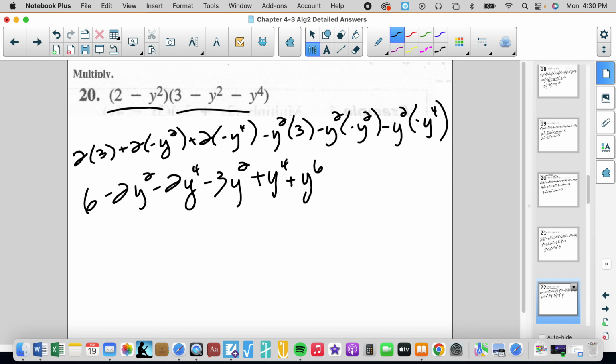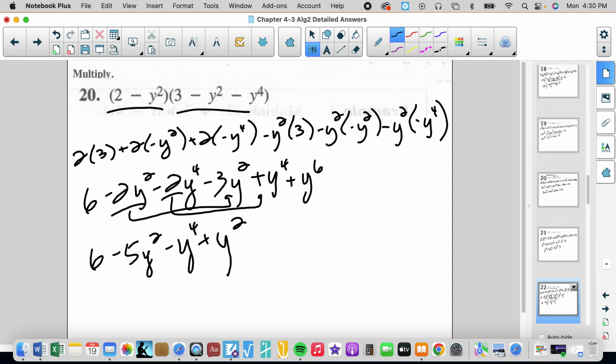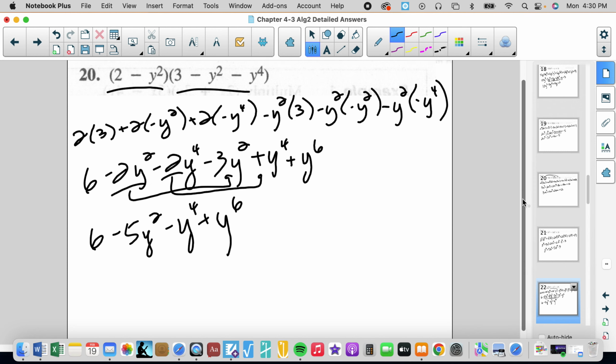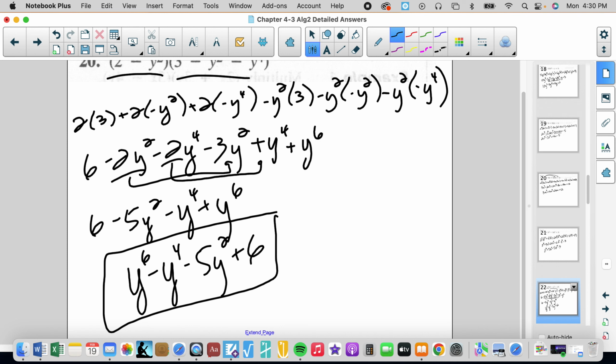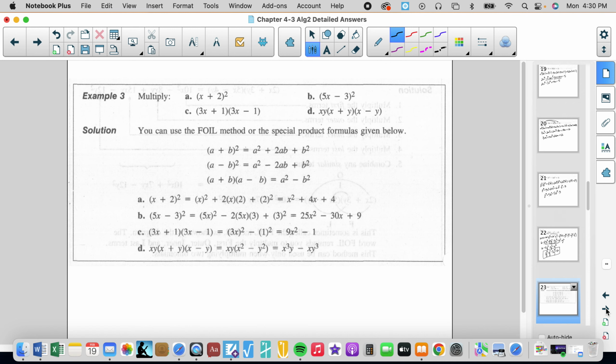Let's just combine them first. Minus 5y squared. Minus y to the 4th plus y to the 6th. Now we would write it in standard form. Y to the 6th minus y to the 4th minus 5y squared plus 6 is going to be my final answer. Your answer must be in standard form.